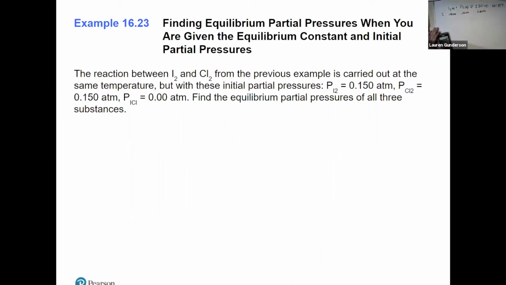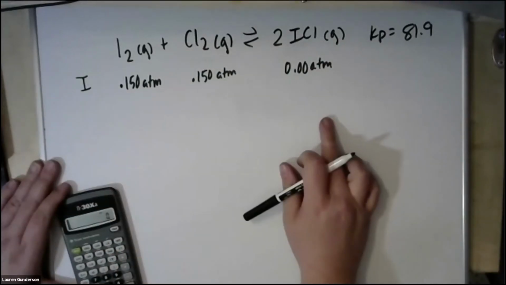Okay. So we have different initial pressure values here, right?